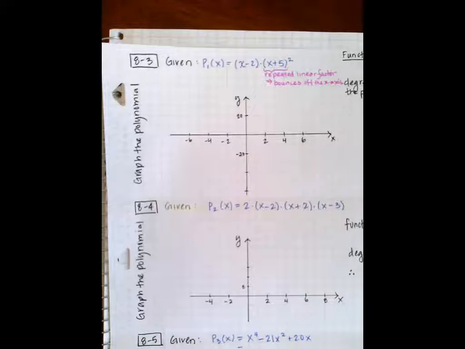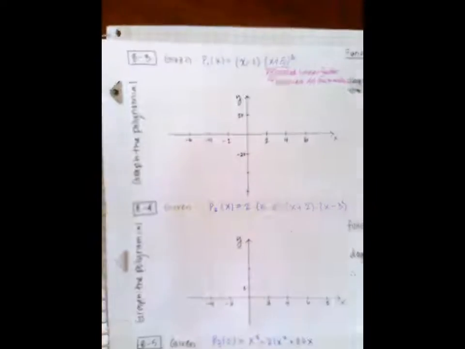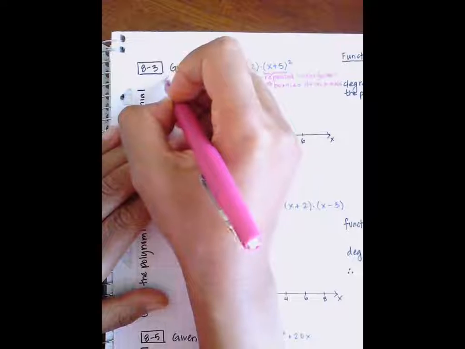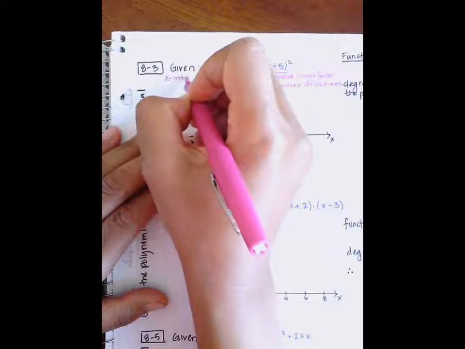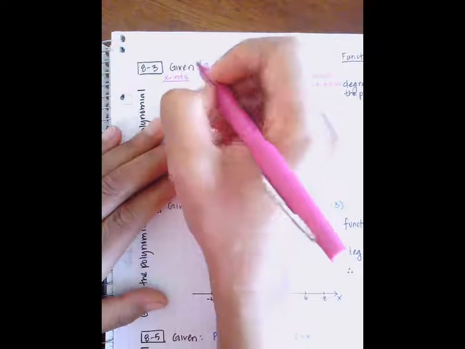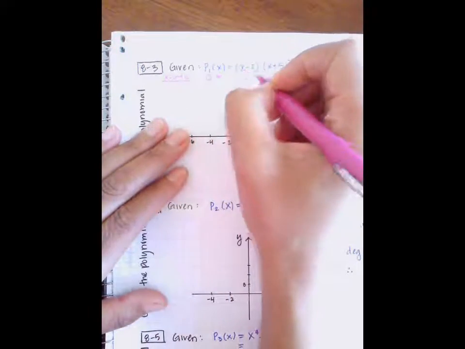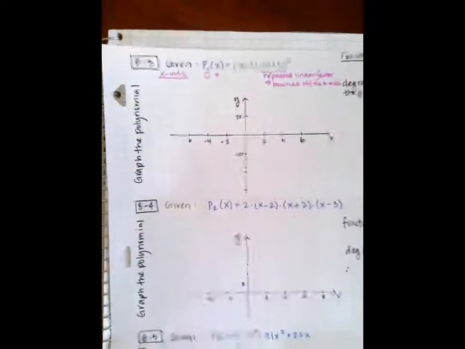Another thing that I noticed is that there is another linear factor, the x minus 2. And so that also introduces another x-intercept. The concept I'm using to figure out the x-intercepts is again when the output is equal to 0. So when does 0 equal this polynomial expression?